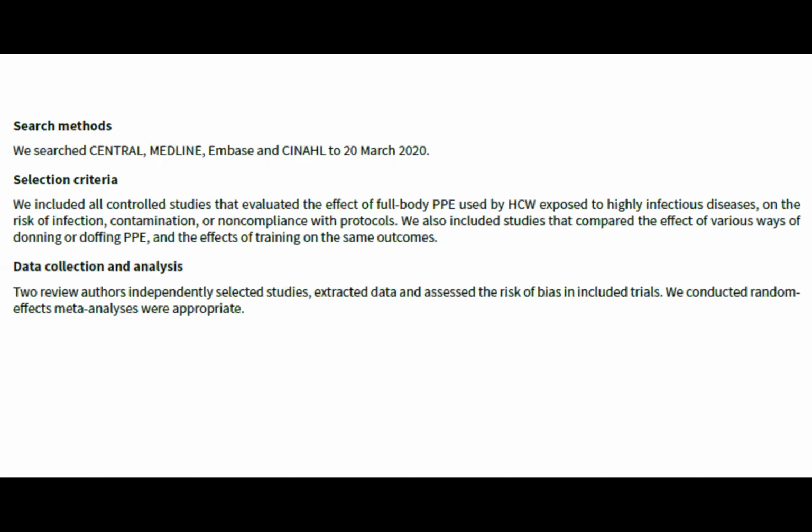And these trials have been done on various PPE measures, and in various countries, in the USA, China, Canada, Australia, just to name a few. One of the things that is immediately striking is that most of the studies have been done in high-income countries.